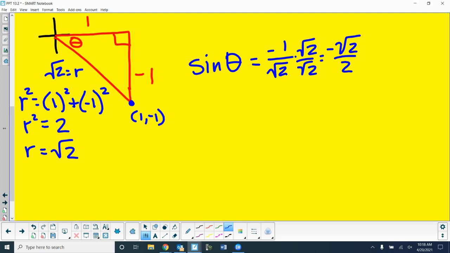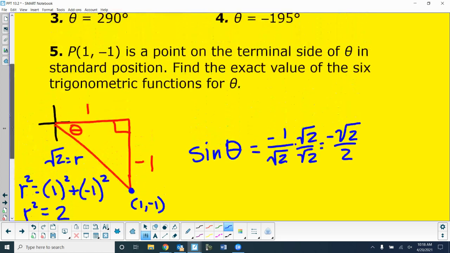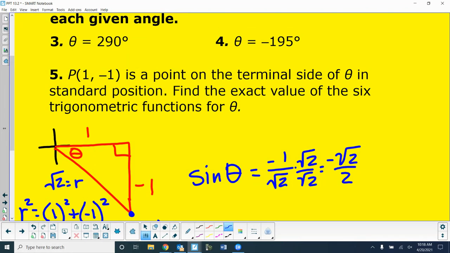Make sense? Now, some of you that did do 19, 21, and 23 only found sine, cosine, and tangent. What did the directions of those actually say? All 6. And you're going to have to find all 6 on the quiz Friday.